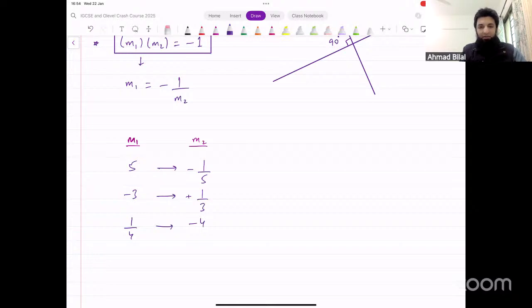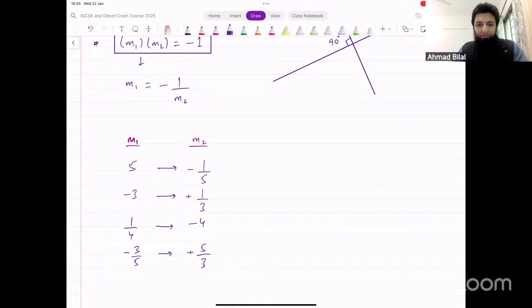Change the sign, take the reciprocal. If one was, for instance, -3 over 5, what would be the other one? Take the reciprocal and change the sign. So that becomes positive. And the reciprocal of 3 over 5, what would that be? That will be 5 over 3. So if you know one gradient, you can find the other by just taking the negative reciprocal of the first one.